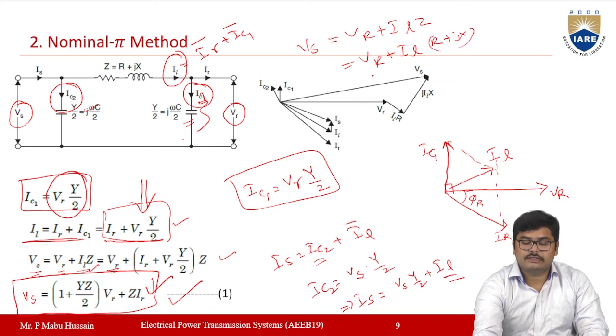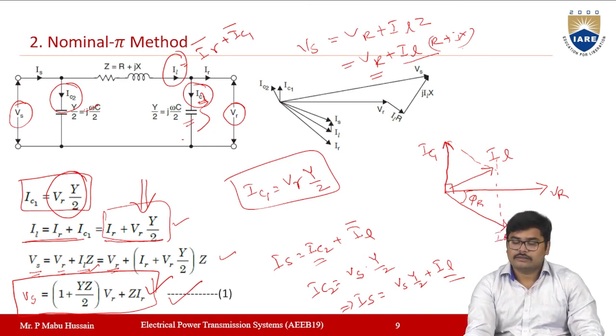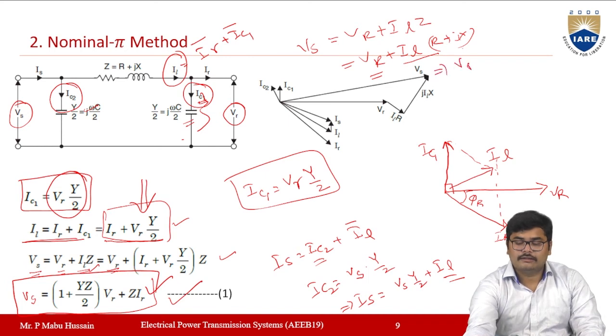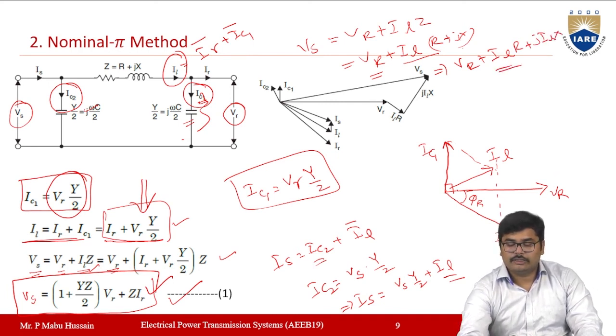So to this VR, you have to add IL into R and IL into X. IL into R will be parallel to IL, like this.